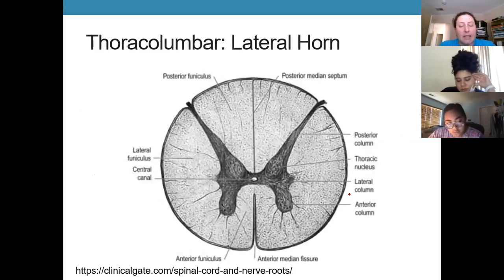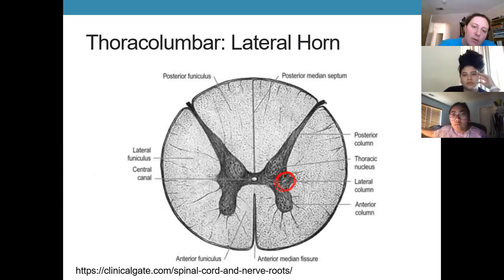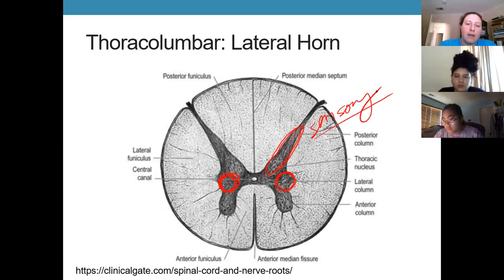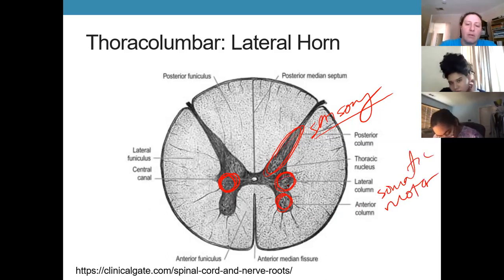So when we look at the spinal cord anatomy, we see that the sympathetic motor neurons have their cell bodies in those lateral horns that we don't have throughout the entire spinal column. Whereas we always have the dorsal horns, which are all the sensory neurons, and we always have the ventral horns, which are the somatic motor neurons, the lateral horns only are there in the thoracolumbar segments because that's where sympathetic neurons have their cell bodies.